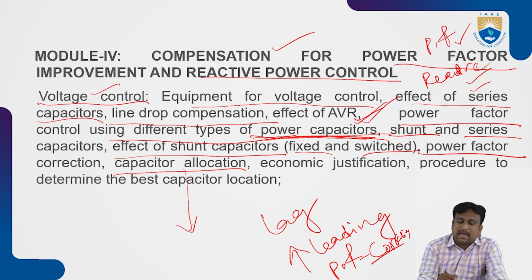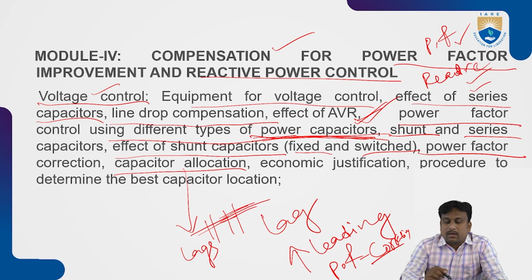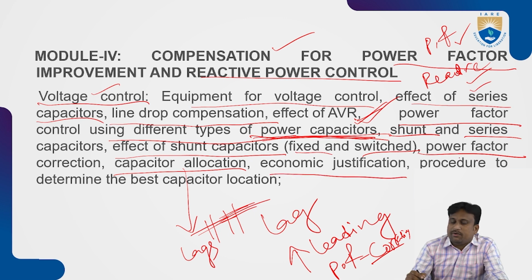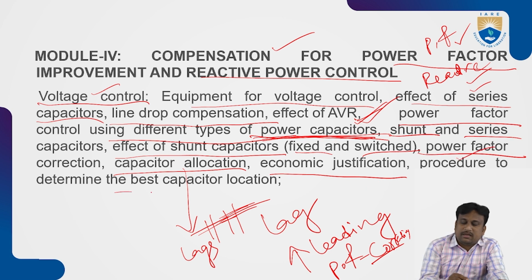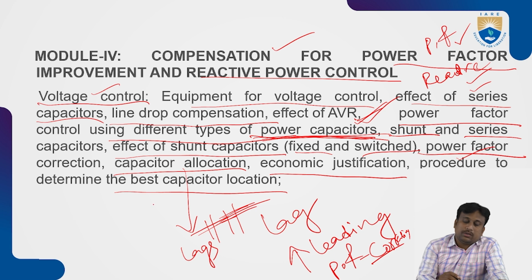Wherever the system lags in its response, at that instant we will go for capacitor allocation. Economic justification, and we will introduce some procedures to determine the best capacitor location. Based on those allocation procedures, we can introduce the capacitor wherever the system is lagging in its response.